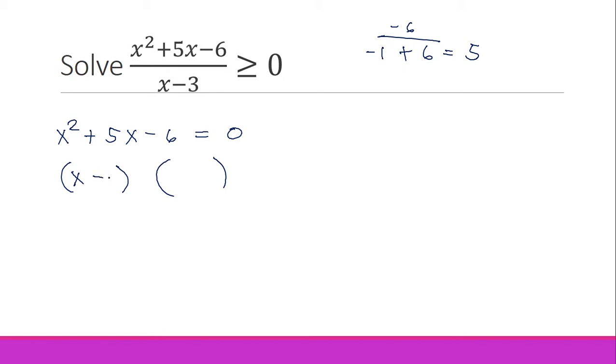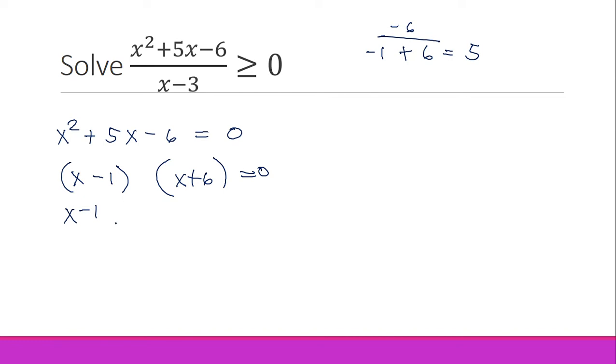So x minus 1 and x plus 6 are now our factors for x squared plus 5x minus 6. Once you've factored it out, you can start equating that to 0. And remember, you can equate each of the factors to 0.